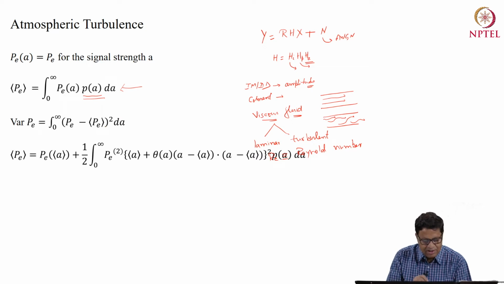Now, if I use a Taylor series for expanding P_E around the ensemble value of my received signal strength, I get this expression which is written here.